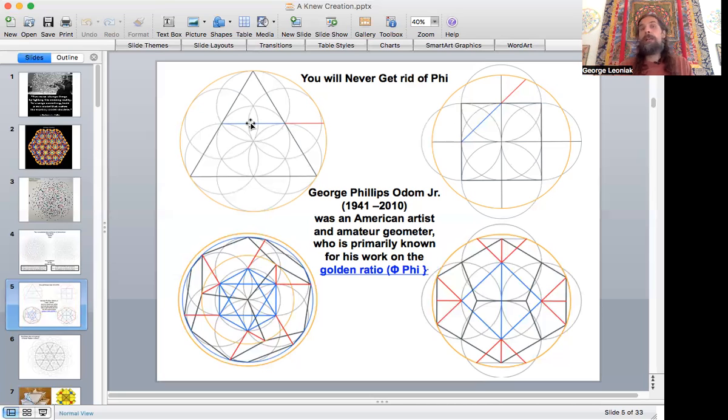And Coxeter wrote a paper on it in 1983, validating that this equilateral triangle, basically within the seed of life, drawing across when it hits the outer circle of the seed of life, will produce the phi ratio. And I happen to discover if you do that all the way around the seed of life, it will produce a perfect dodecahedron based off of an octahedron that is within the center of that.